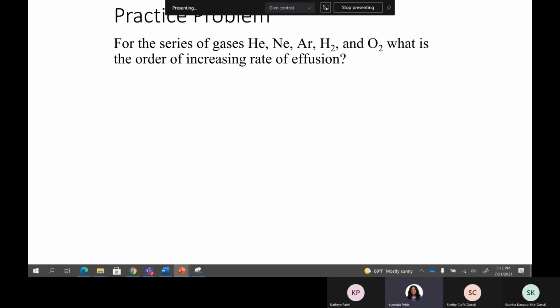This question is based on Graham's effusion law. It says the effusion rate increases when the gas is lighter.